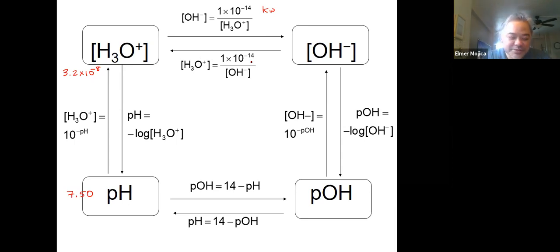So what's the pOH? So 14 minus 7.50. So that is around what? 6.50? And then I can go from here going here or here going here. The number should always be the same.